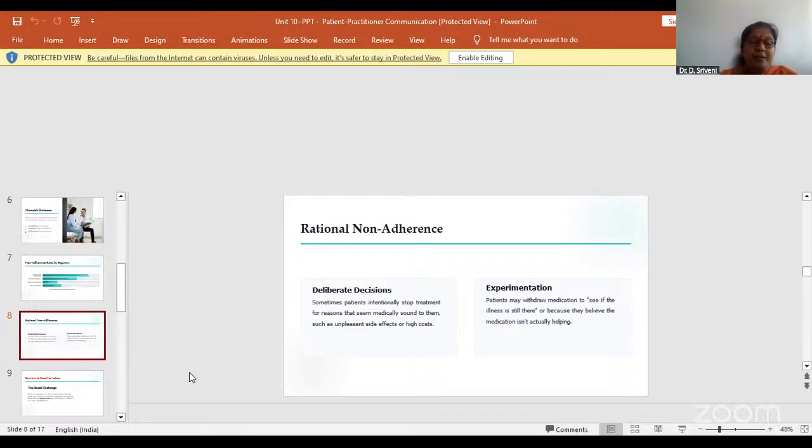Additionally, cognitive and emotional barriers play a major role. Patients may be too confused by complex instructions given during a stressful visit to remember what to do, or they may suffer from depression, which is strongly linked to low adherence levels. Understanding these is essential for any practitioner looking to improve the effectiveness of their treatment plans.